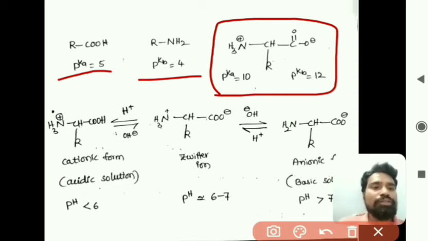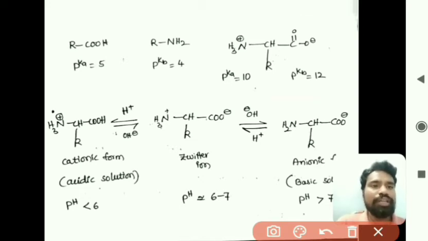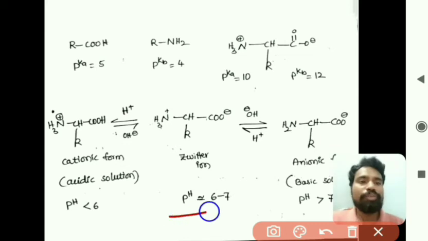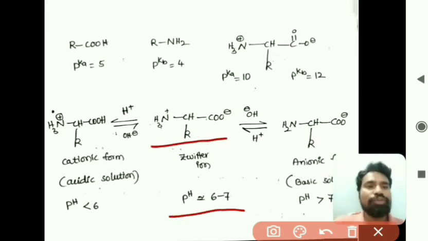So if you observe an amino acid at different pH levels, at pH 6 to 7 it is in the form of a zwitterion, that is NH3 plus CH COO minus, right?